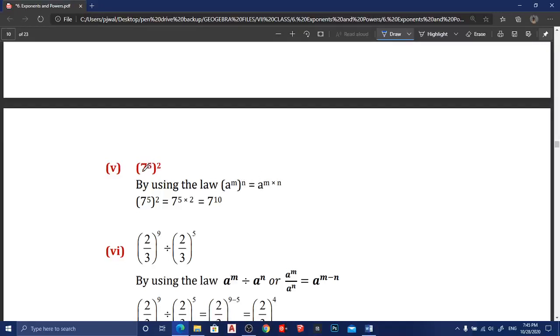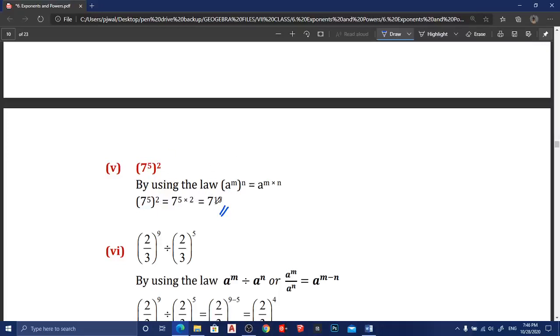So here it is 7 to the power of 5 whole to the power of 2, means how can I write this? 7 to the power of 5 into 2. A to the power of m whole to the power of n is equal to a to the power of m into n. So multiply the powers. 5 2s are 10. So 7 to the power of 10. Simply you multiply the powers.